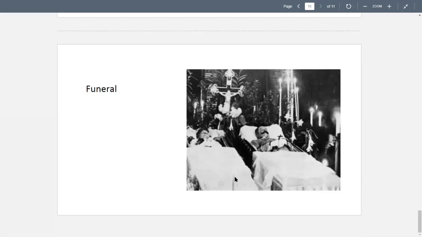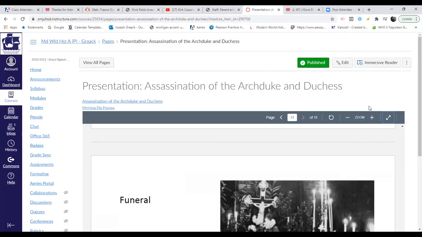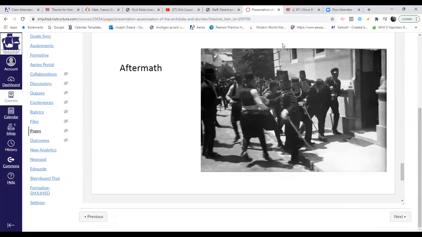And then this is the funeral of the Archduke and his wife. She was actually pregnant at the time of the murder. And so what you have, obviously, is a bunch of bad luck, but that one incident, right, is going to cause everybody to start fighting.